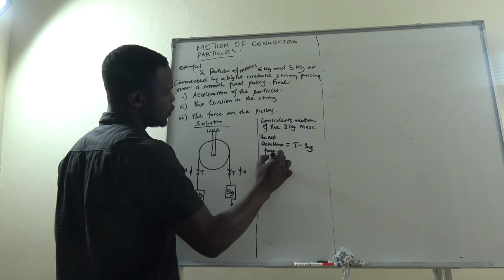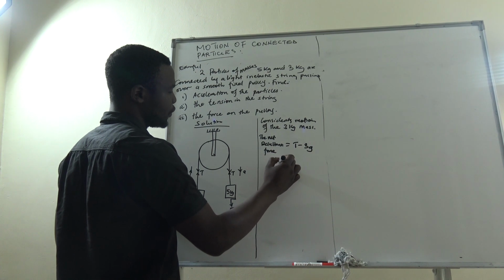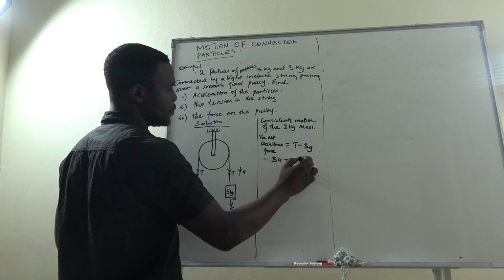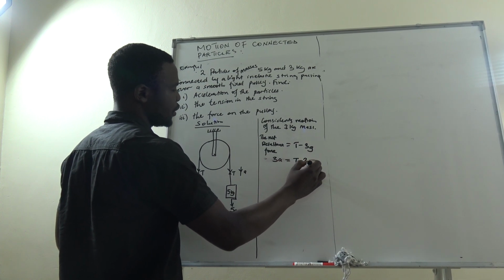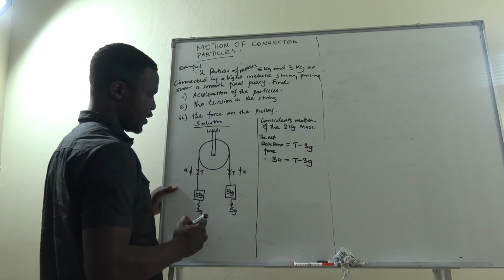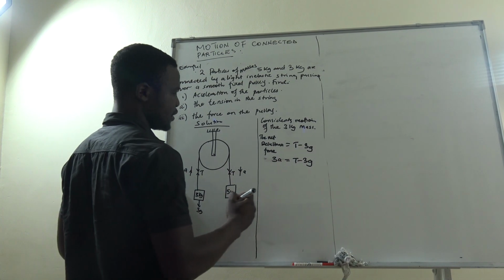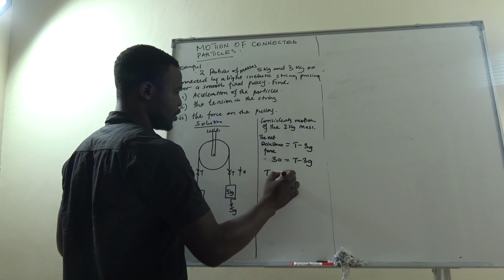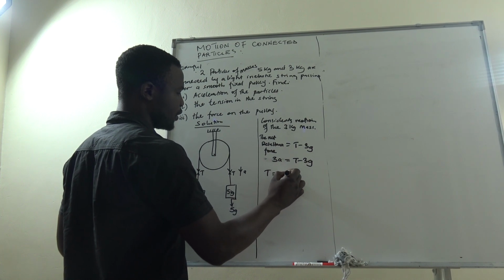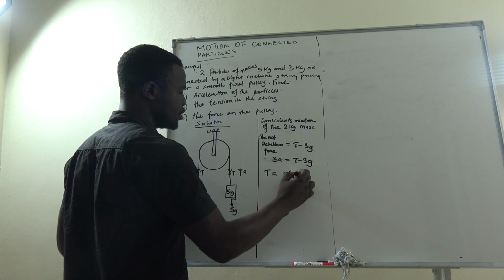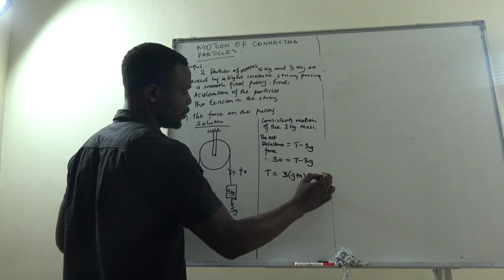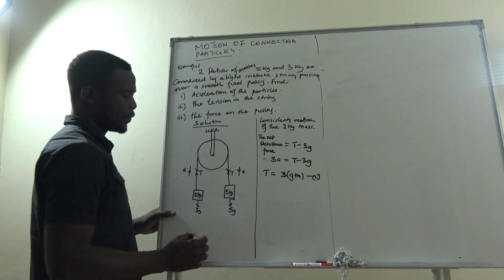From Newton's law, force equals ma, which is 3a, equal to T minus 3g. That implies that T is equal to 3 times (g plus a). I have simplified, and I call this equation 1.